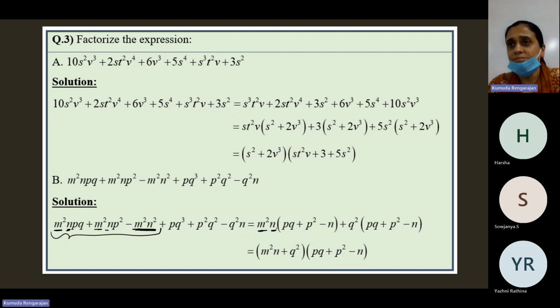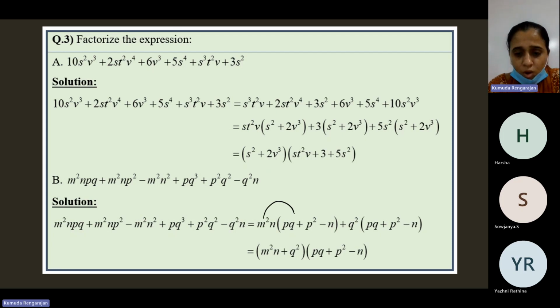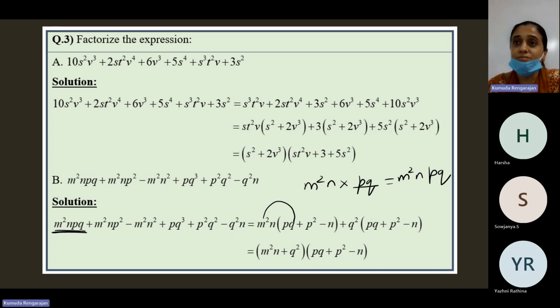Yes or no, Surya? So now m square n into what will give you this first term? M square n into what will give you the first term? M square n PQ. So PQ. Next, m square n into what will give you the second term? M square n p square. M square n is out here. So p square.